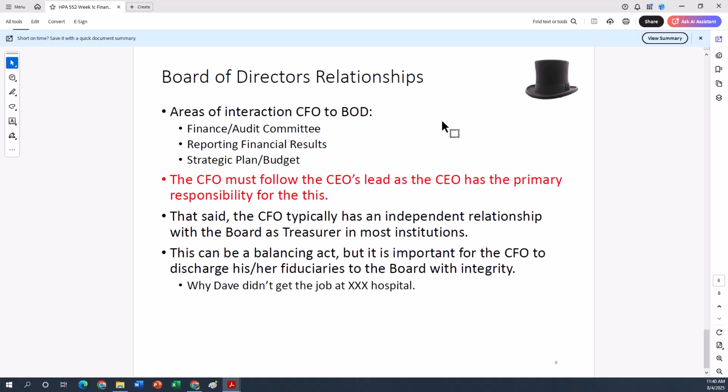But in this case it worked against me. So just to show you that that's a balancing act. So, just a quick overview of how the finance department relates in various areas, just to level set and give you some good background in how you may interact with the finance department in the future.